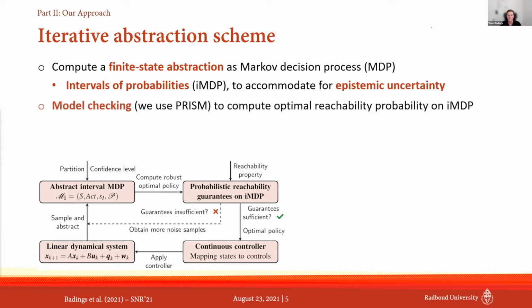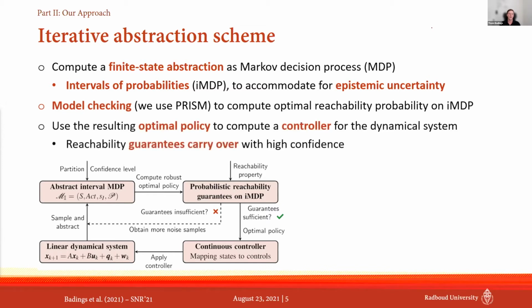Then when we have defined this finite state abstraction, we feed it to a model checker. In our case, we use Prism. And here we can compute optimal reachability probabilities for specific properties on this interval MDP, or IMDP. And finally, we then use the resulting optimal policy from this model checking process to compute a controller for this dynamical system.